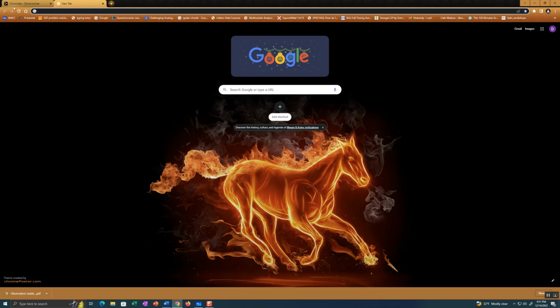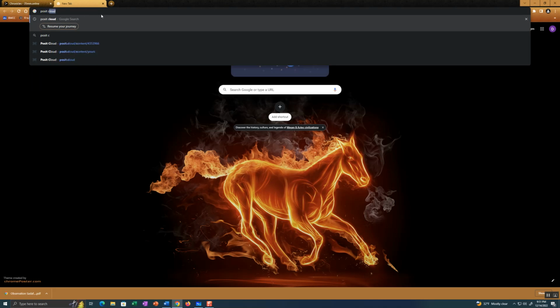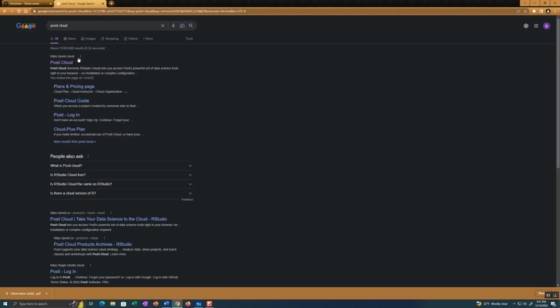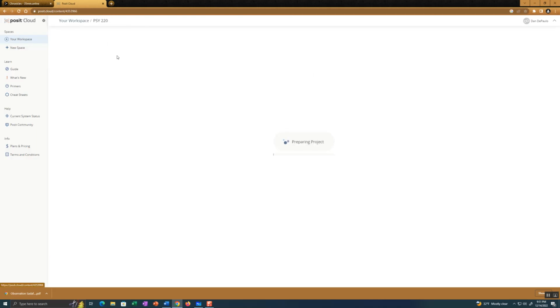and to do that, we're going to go into Posit Cloud. So I'm going to go into R Cloud, which is basically the online version of R. And I'm going to do some of the calculations in here.